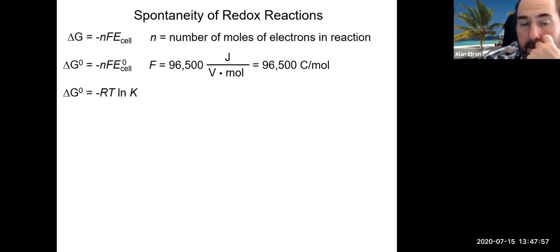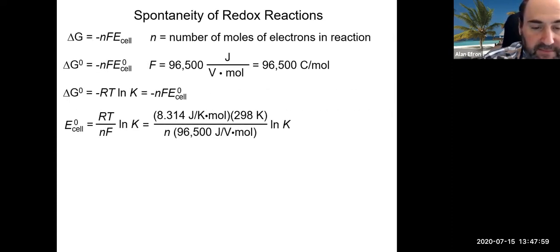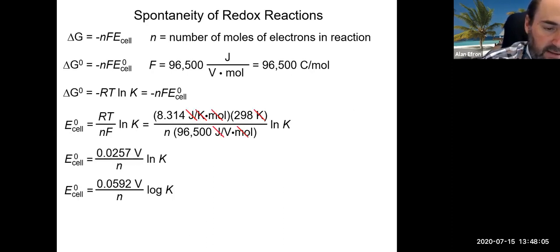So this brings a couple of relationships that we will see in a second here. Okay. So this equation here is the relationship between delta G and E. And delta G, which is our Gibbs free energy, equals minus nFE, where n is the moles of electrons that are being transferred.